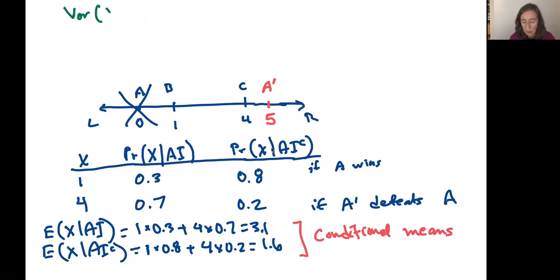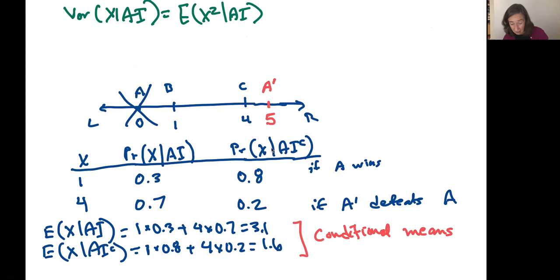Okay, so the variance of X conditional on AI. Let's just remind ourselves what a variance is. It's the expected value of X squared, but now it's the expected value of X squared conditional on AI minus the expected value of X conditional on AI, that whole thing squared.